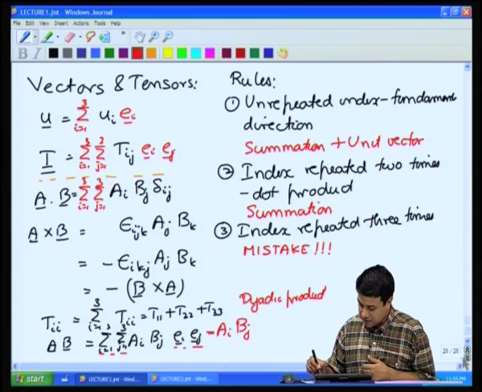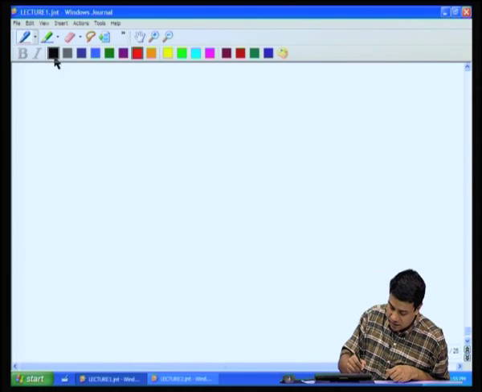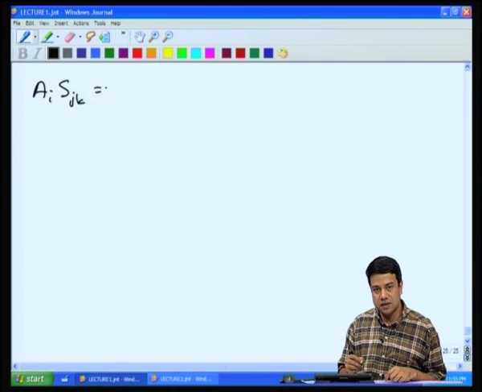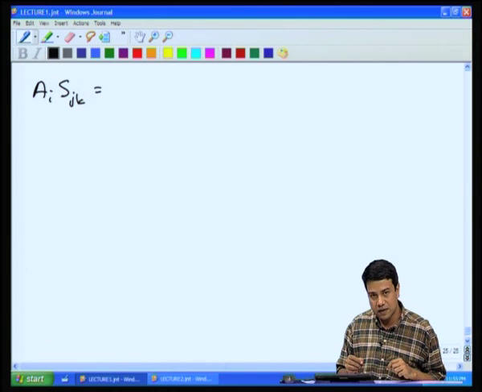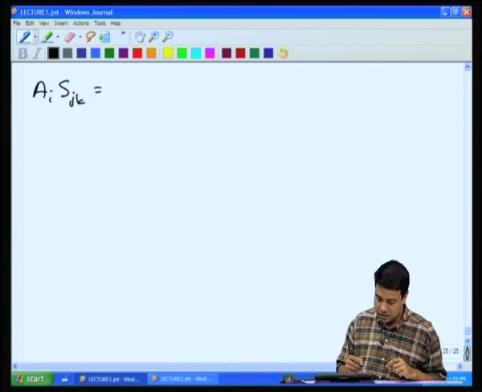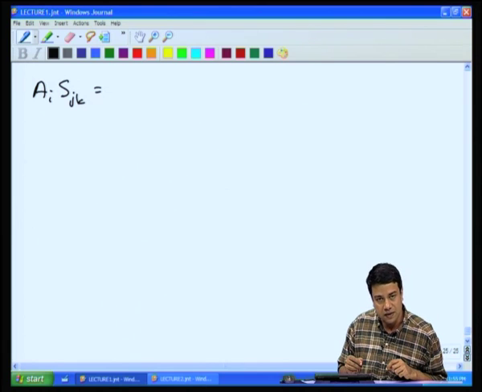Similarly, you can take the product of anything. Okay. So, for example, you can write down a_i S_jk. This basically is the direct product of one vector with a second order tensor. This obviously gives me a third order tensor.